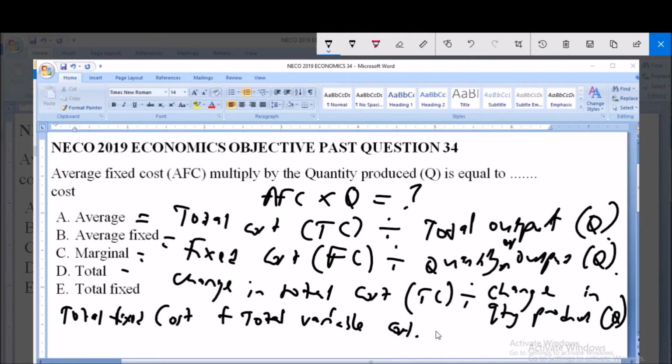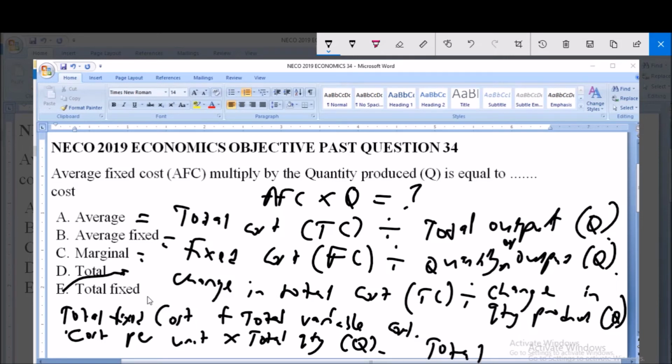Now there is another formula for total cost. Total cost is also given as cost per unit multiplied by total quantity produced, that is Q. And then total fixed cost, option E, is also given by total cost minus total variable cost.